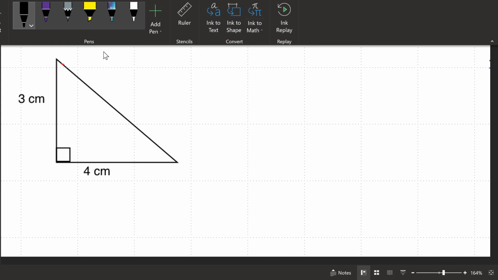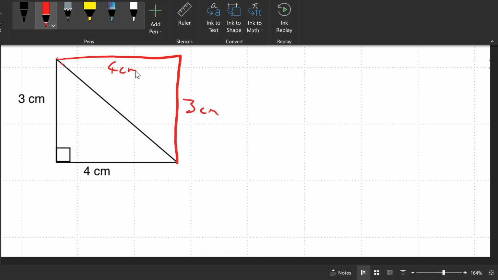And what we're going to do is we're going to just look at this triangle. Now, this is a right angle triangle, which means we already know a right angle triangle is just half of a full rectangle, isn't it? If we zoom like this and like this, we'll see this has a height of 3 centimeters.